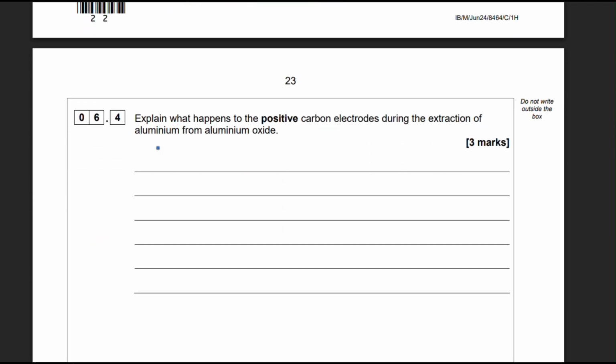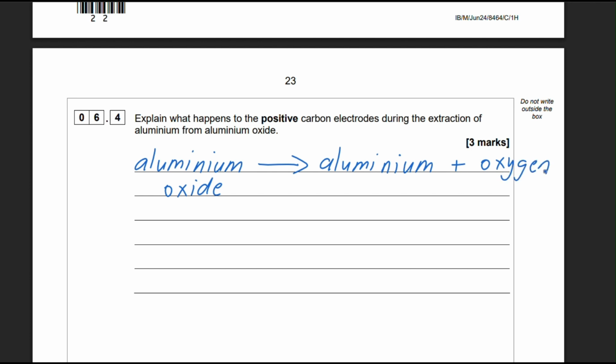Then explain what happens to the positive carbon electrodes during the extraction of aluminium from aluminium oxide. I'll do a bit of an explanation here. Aluminium oxide, when you pass electricity through it, splits and you get aluminium metal, which you collect and pour off, and then you get oxygen, and oxygen is a gas.